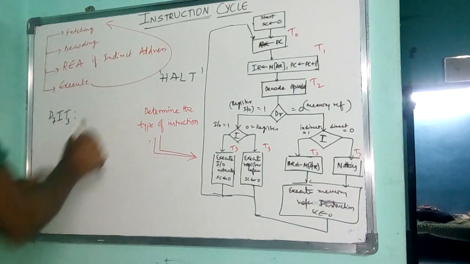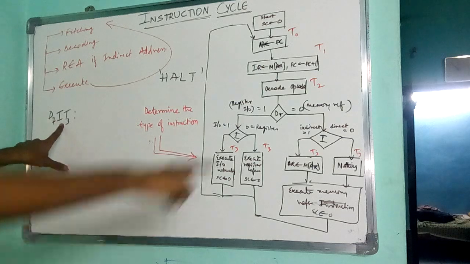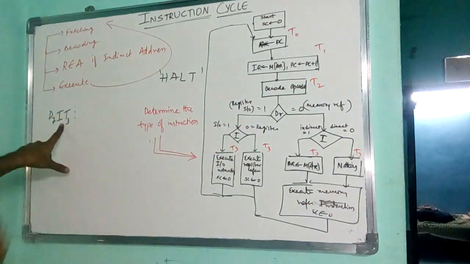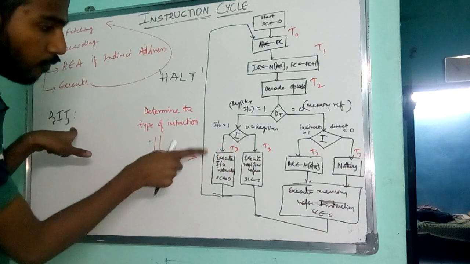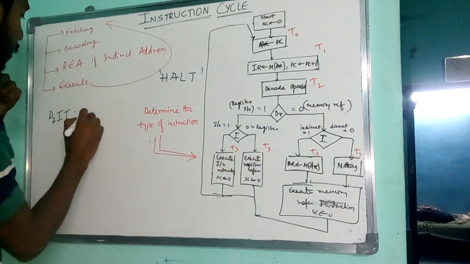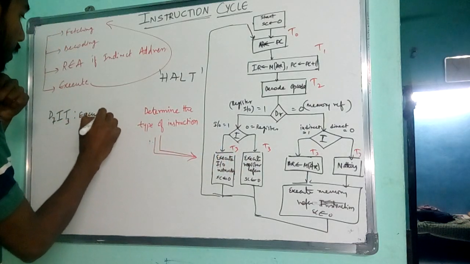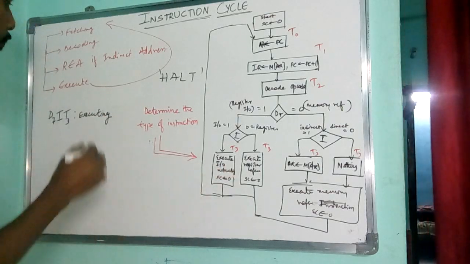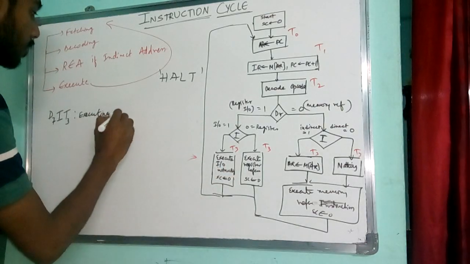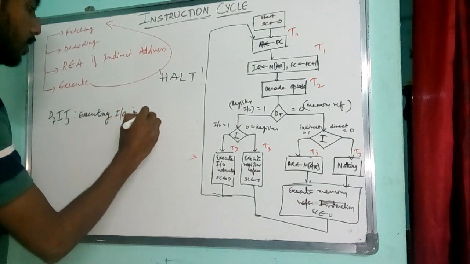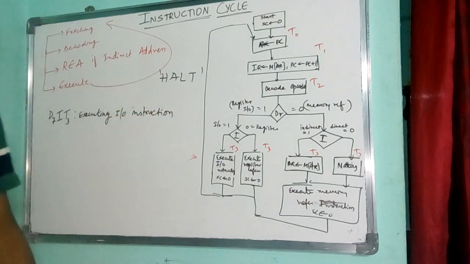Okay. Whenever my D7 is 1 and I is 1 and T3 is the timing signal, I am executing input output instruction.